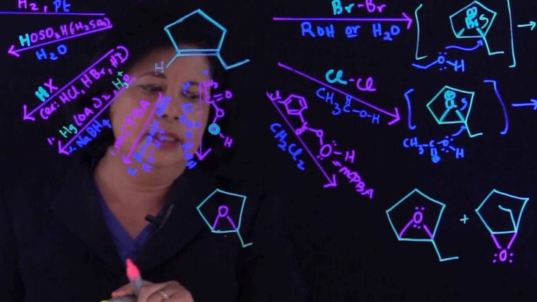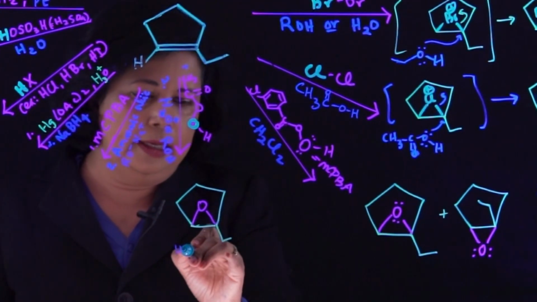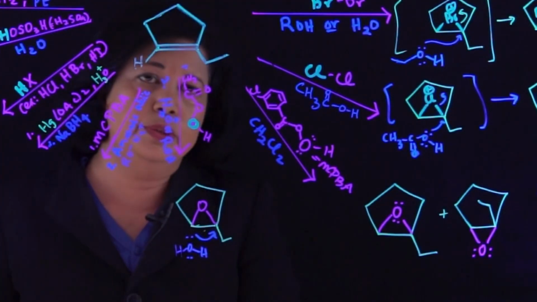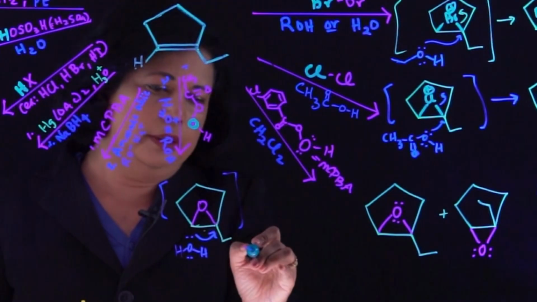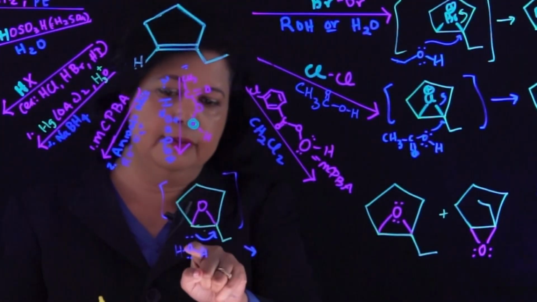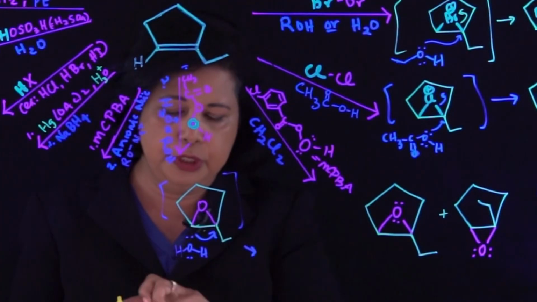You can have attack of water, and that's going to be very specific. It's going to attack at the most substituted carbon. So that is always going to give you a regioselective preference for having that protic solvent attack at the most substituted carbon.